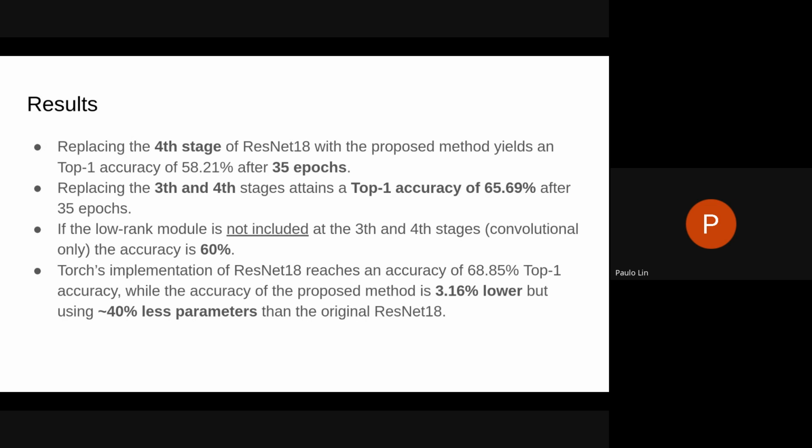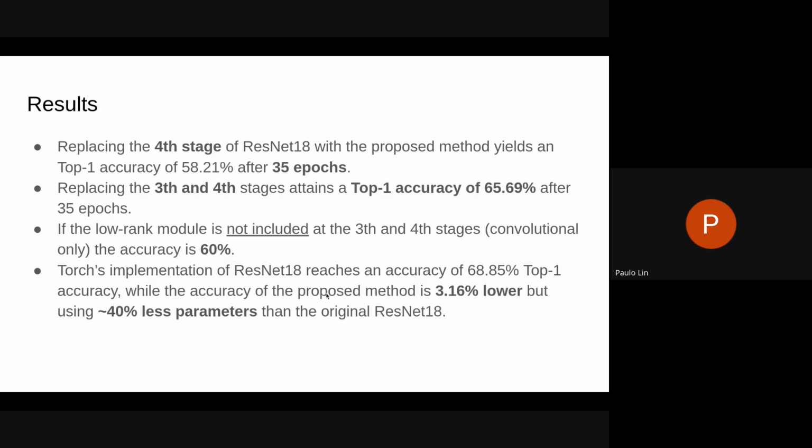And just to mention, the best accuracy obtained with ResNet 18 is close to 70%, so it is still below the best performing model. And also, if the low rank model is not included at stages 3 and 4, the accuracy goes to 16%, which is lower than when I include the low rank block at stages 3 and 4.